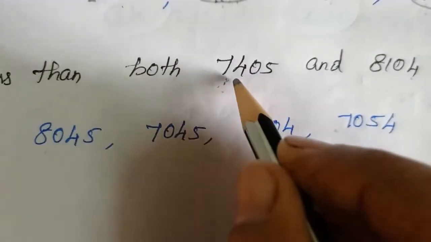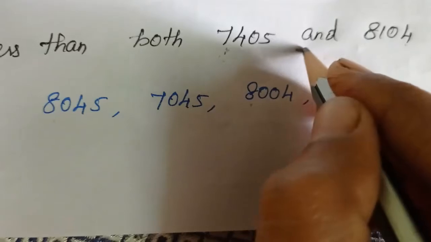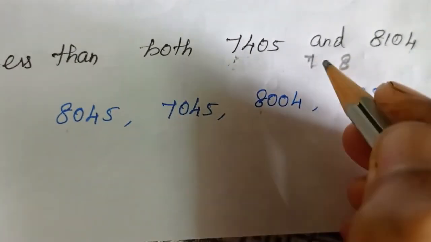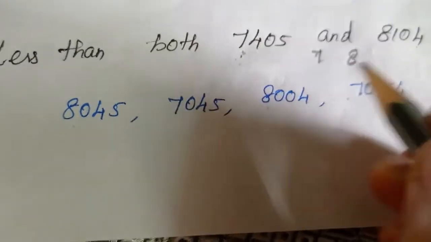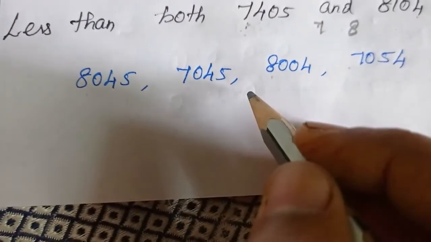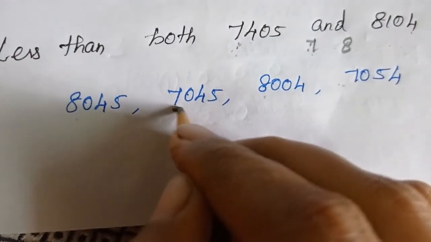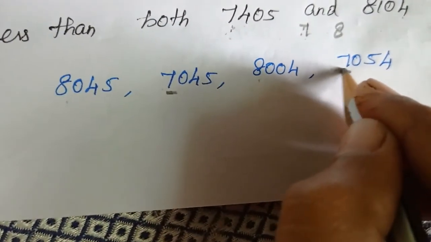Okay ma? Children, here compare these two numbers 7 and 8. Okay, so which one is small? 7. Okay ma? So children, in the options, which numbers are smaller than this 7? The two numbers have the same values, isn't it?